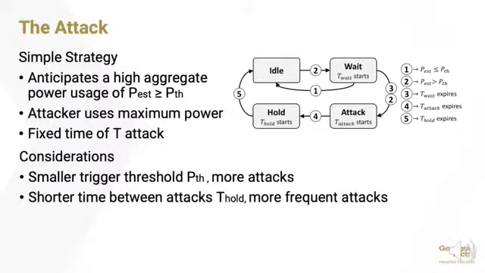Now there are two important variables in this attack. First is the trigger threshold, which is P_TH. The smaller the threshold is, the more times it will be triggered.